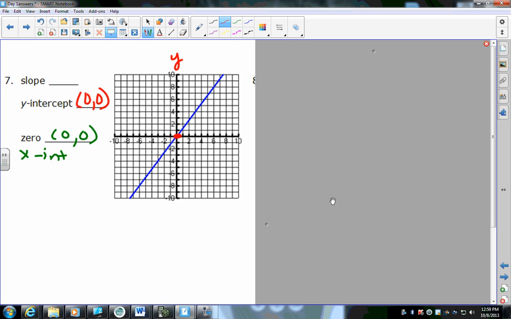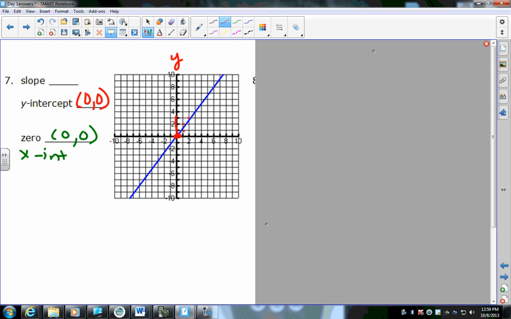So if I'm starting here at my y-intercept, if I go up 1 and over 1, it doesn't look like it's quite on the line. If I go up 2 and to the right 1, that's not far enough. Up 3 and over 2, see, none of that's working. So I need to keep trying to go up a little bit more.